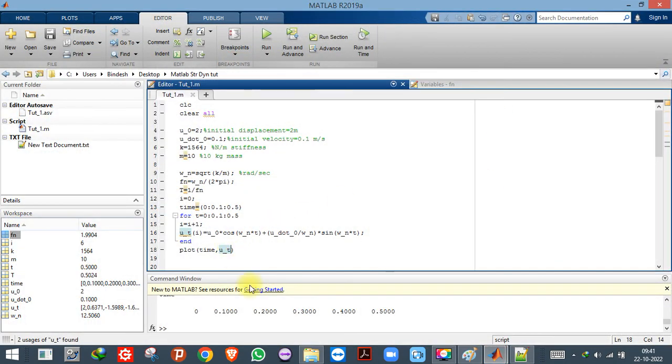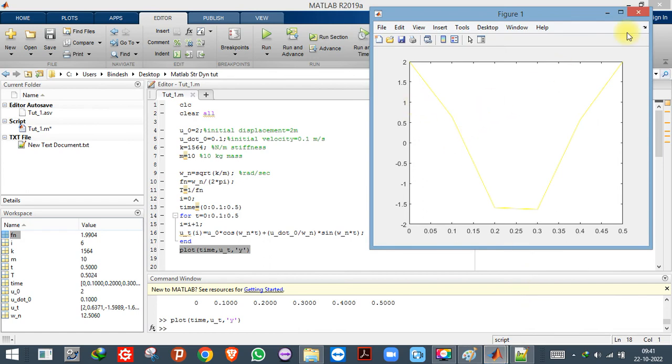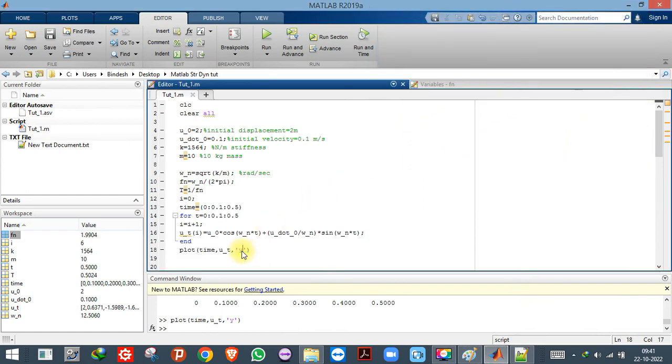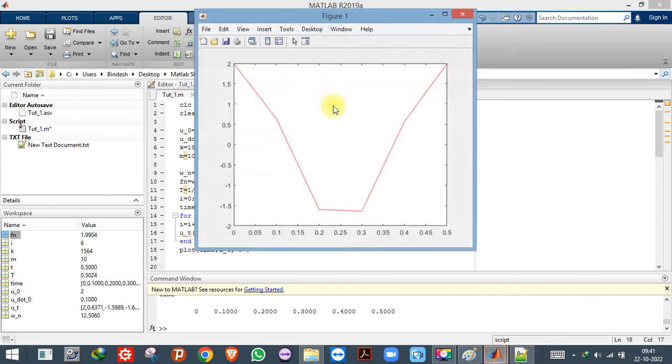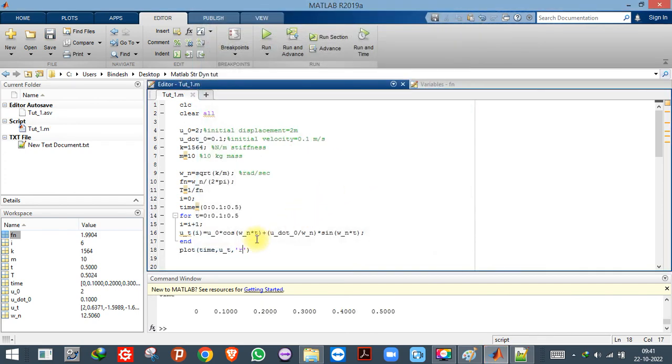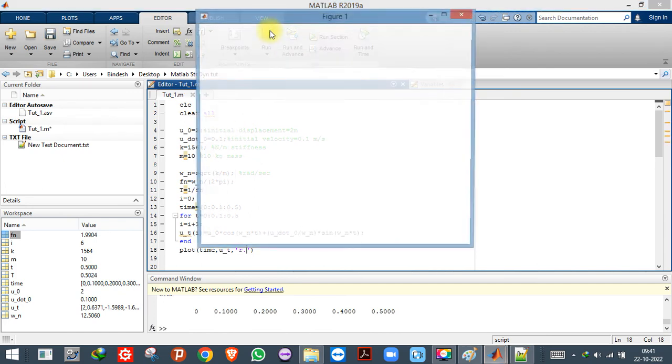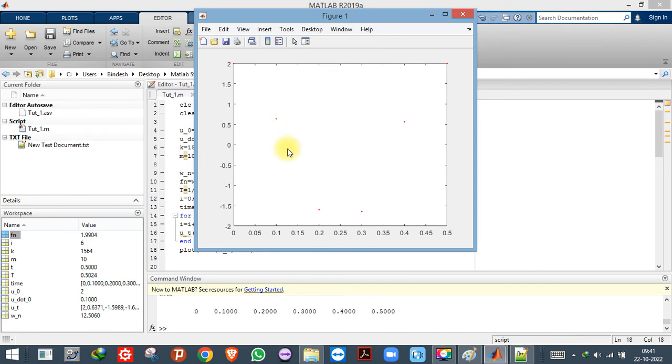So if I give a comma and a single quotation and write y, it will give me the graph in yellow color. If I make it red, it will give me red color, and if I make it red dot, then it will give me a dotted line, three dots.